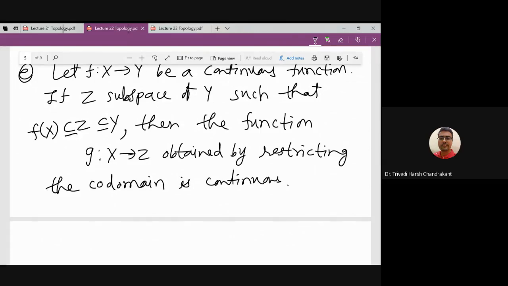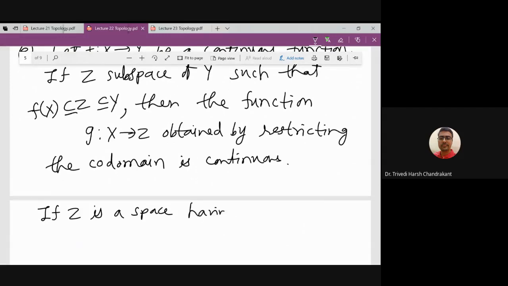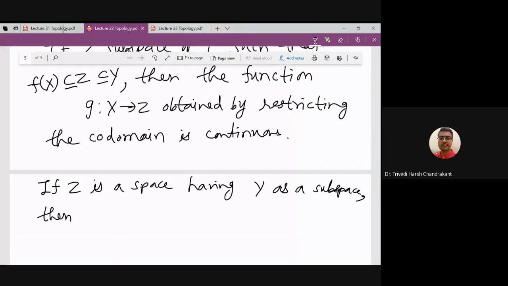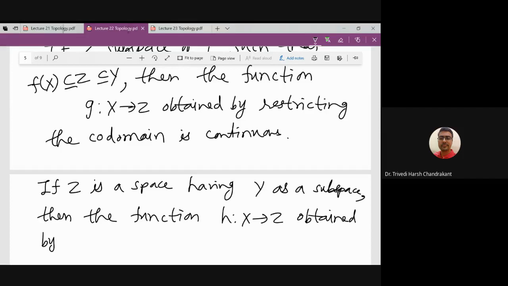And the last thing is that instead of Z being a subset of Y, if Y is a subset of Z, where Z is a space, meaning not a vector space but a topological space, having Y as a subspace, then the function h from X to Z obtained by, now what we are doing is considering Z which contains Y as the codomain.